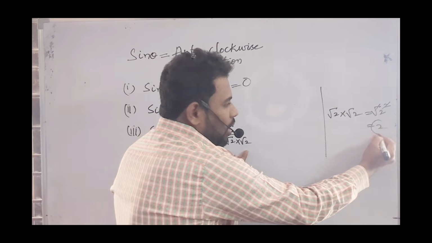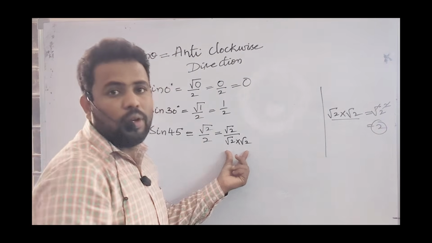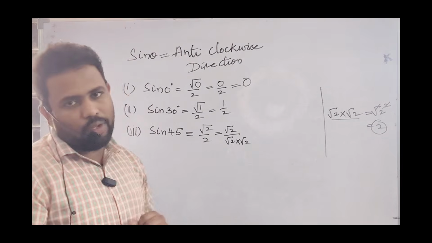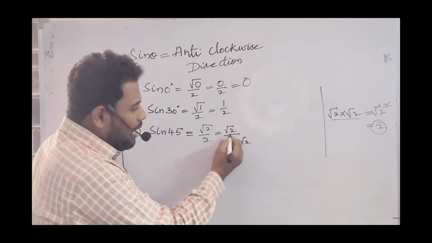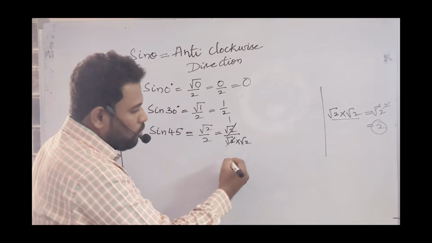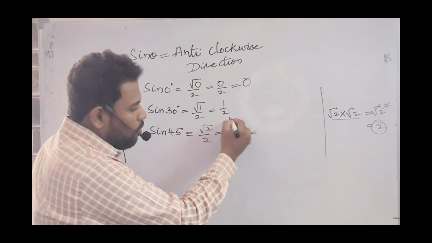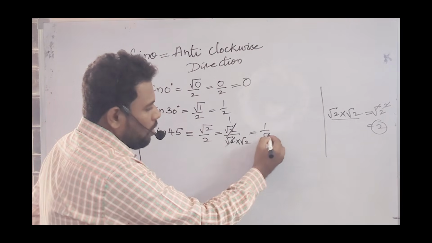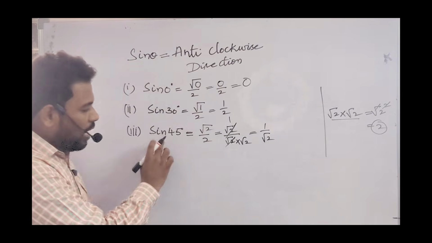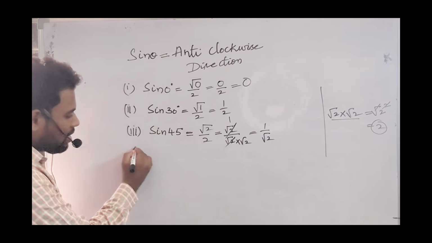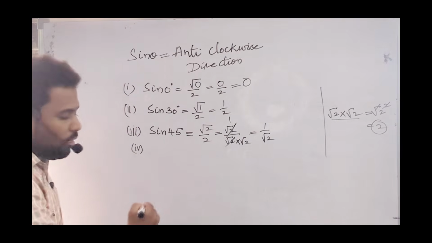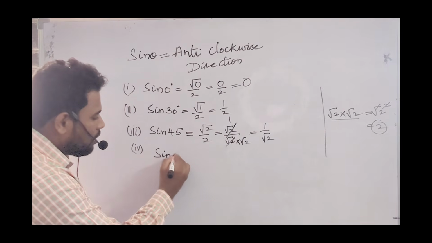Now cancel root 2 with root 2. Then we are left with 1 by root 2. So sine 45 degree value is 1 by root 2. Let's come to the next value, that is sine 60 degree.